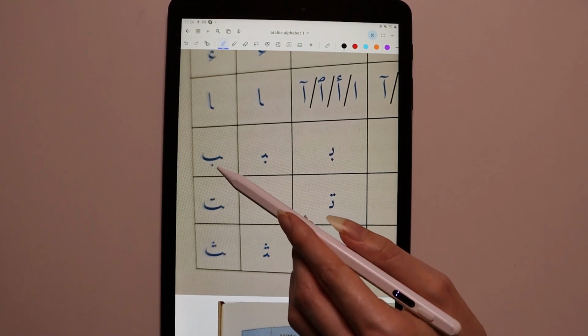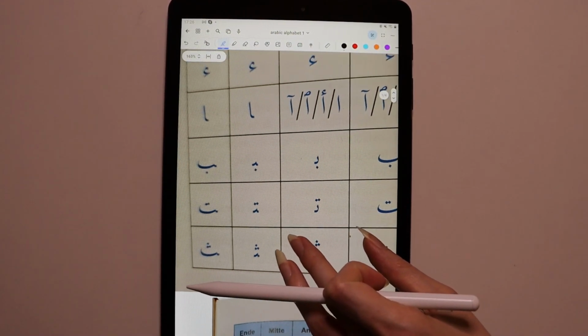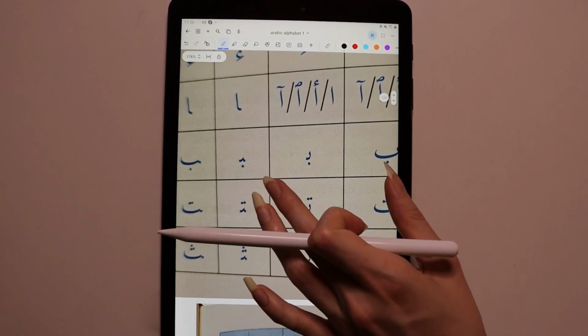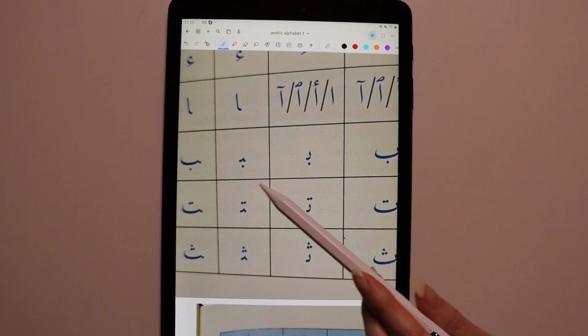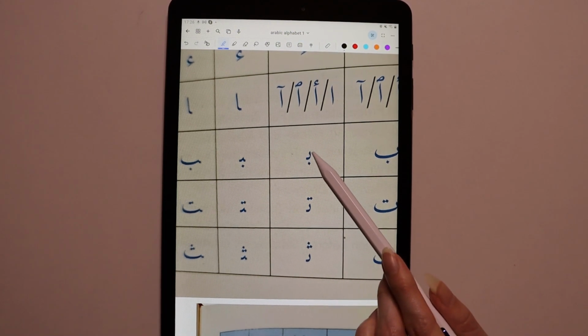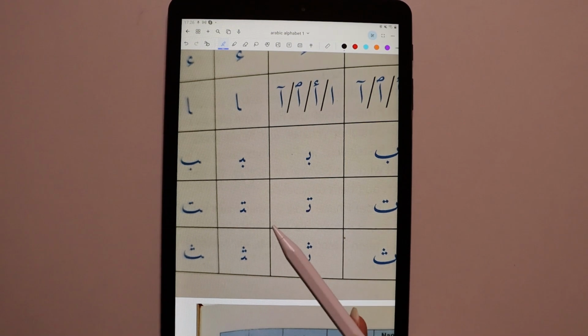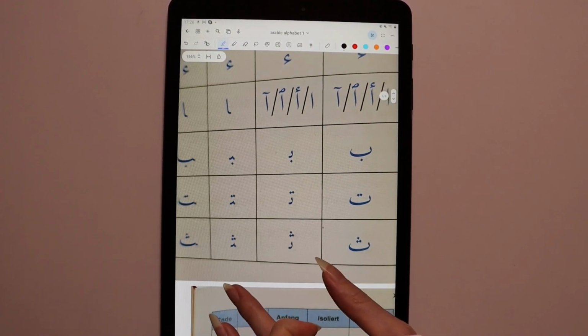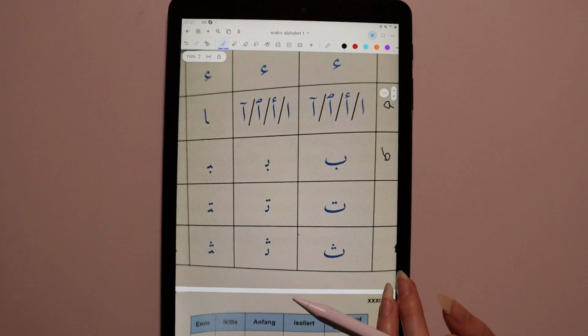And the end form looks kind of like the isolated form, and the beginning and the middle forms also look kind of similar. The only difference is that the middle form is connected to both sides, and the initial form, the beginning form, is just connected to one side. And you probably already noticed that these 3 letters look really similar.